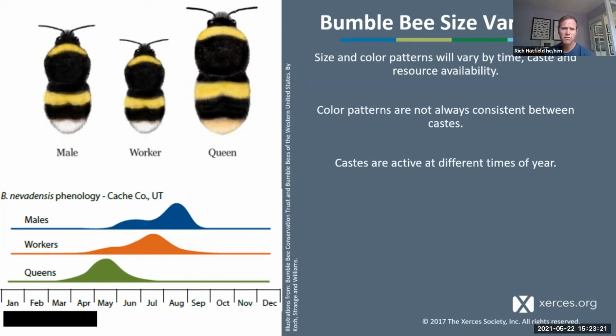There's a huge variation in worker size, and there's also a huge variation in male size, even within a species and even within a single colony. The first brood of workers that come out are often very, very small. Later in the season, those workers can be much bigger and more robust. So lots of differences to consider as we think about surveying for bumblebees.